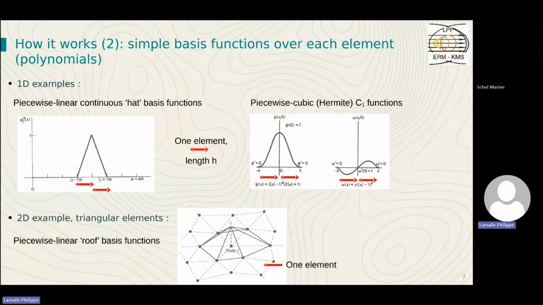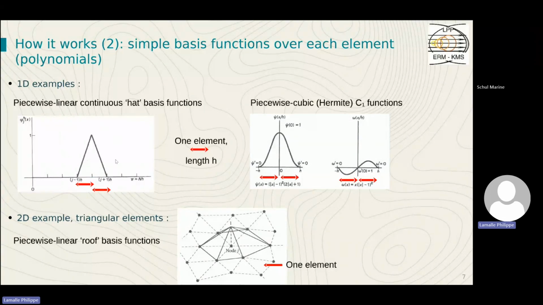Second step of the method is the selection of simple basis functions over each element, which are typically polynomials. Perhaps the simplest one is here the linear hat basis function. You see that in red, I indicate each time one element. You see here you have one linear function over this element, another one over the next.